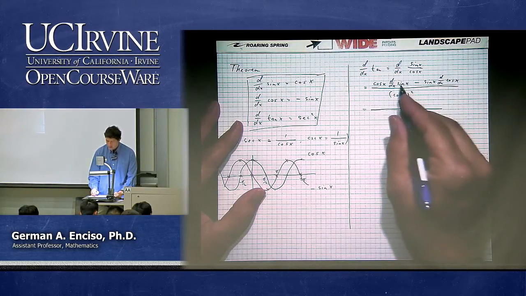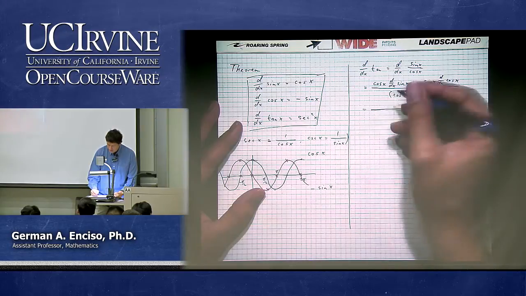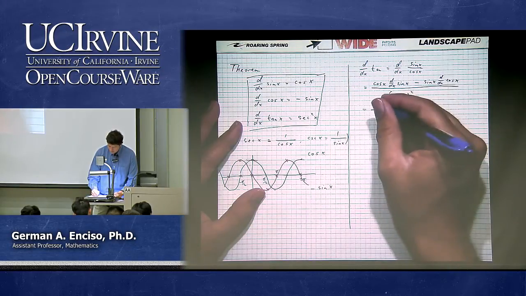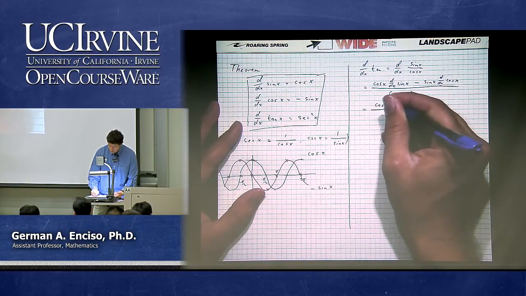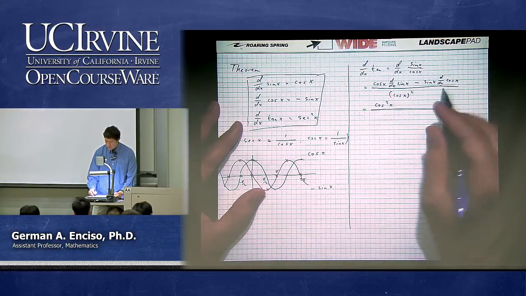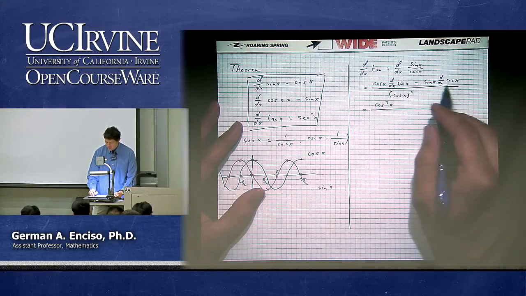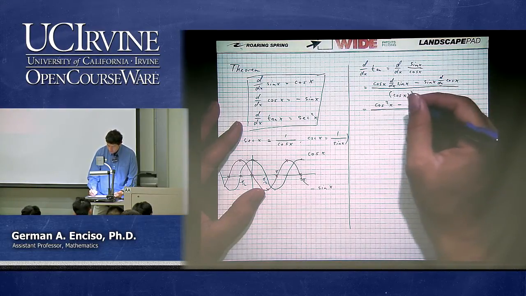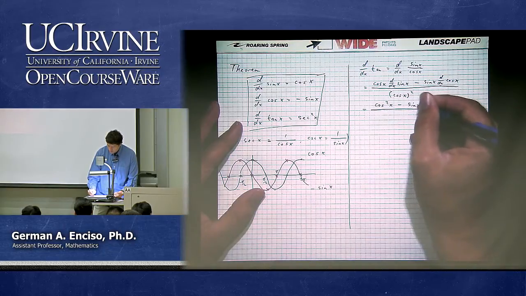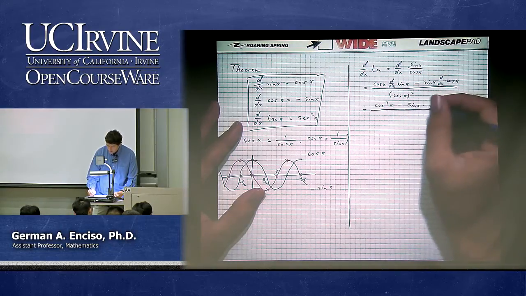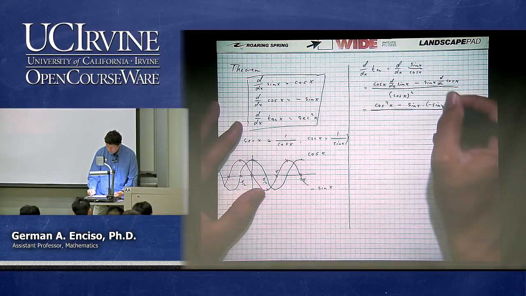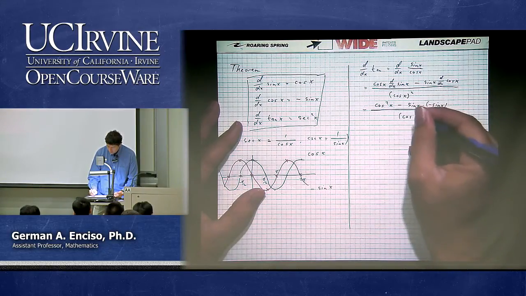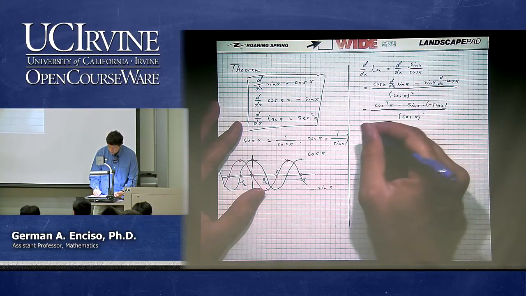And the derivative of sine of x by what we just did is cosine x. So this is cosine squared of x. And the derivative of cosine is minus sine over cosine x squared.